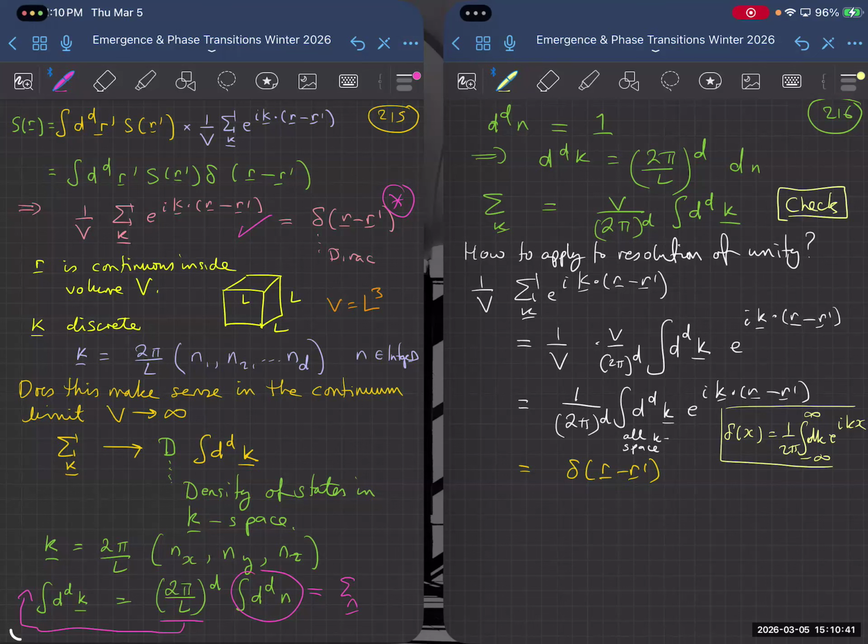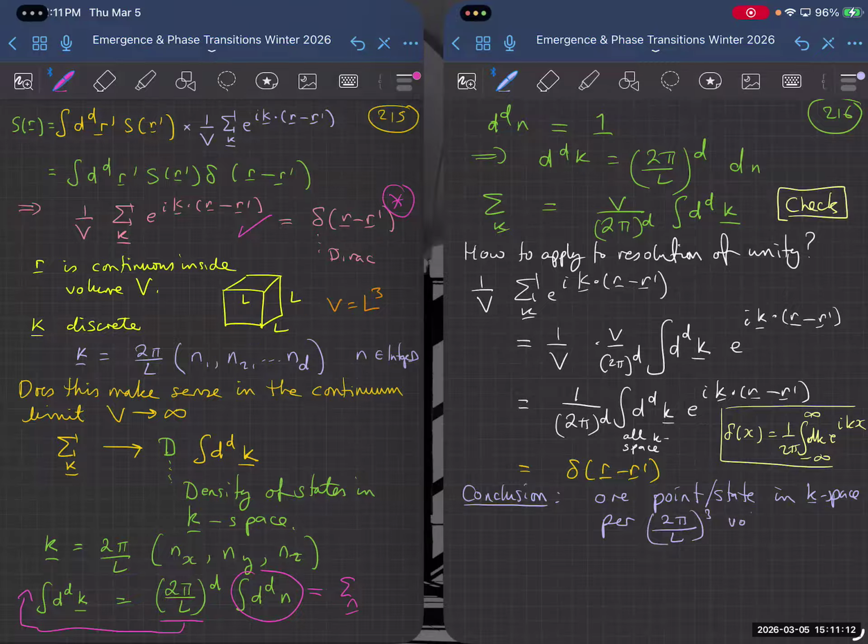So what we've just learned then is that in this picture we have one point or k state in k space per (2 pi over L) cubed volume in k space.